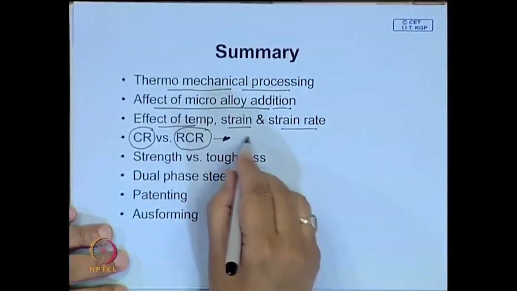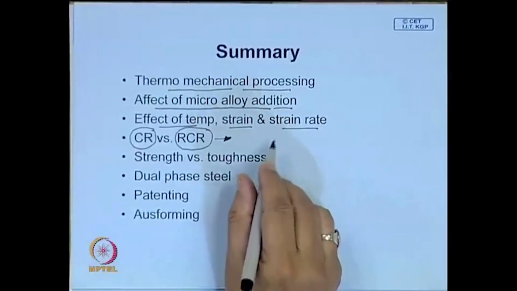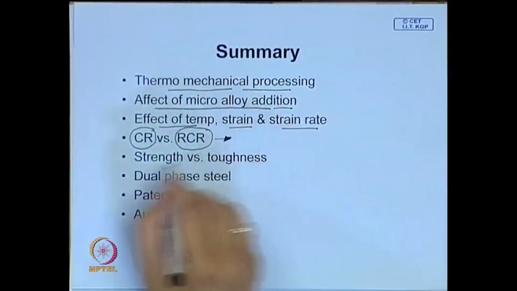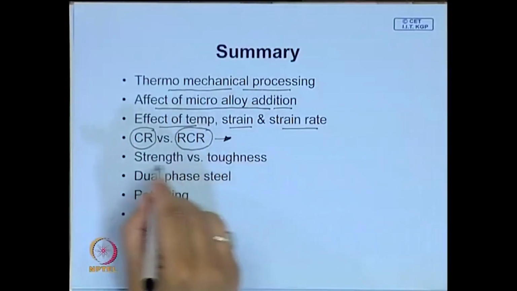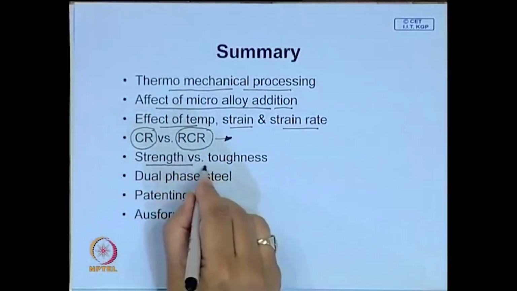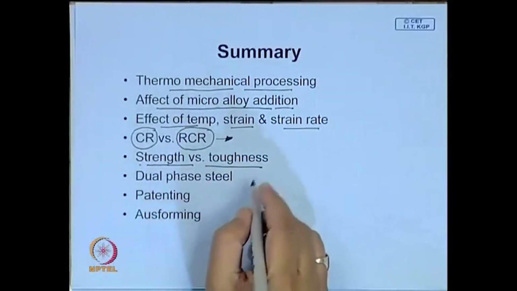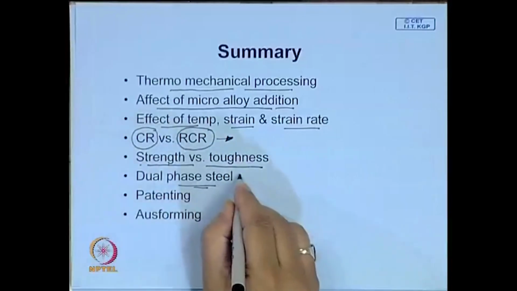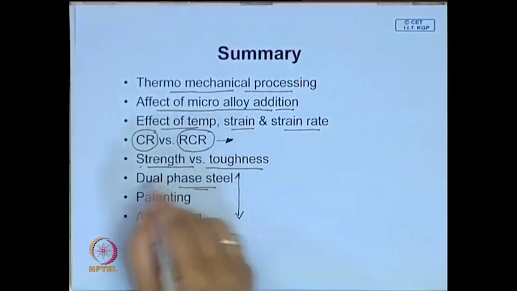So rolling load is less, and by this technique it is possible to get extremely fine grained ferritic steel primarily. It will have some pearlite no doubt, but it will definitely have the best combination of strength and toughness, and we also introduced the dual phase steel. I think these three we could not cover fully, so we will cover this in the next class. Thank you so much.